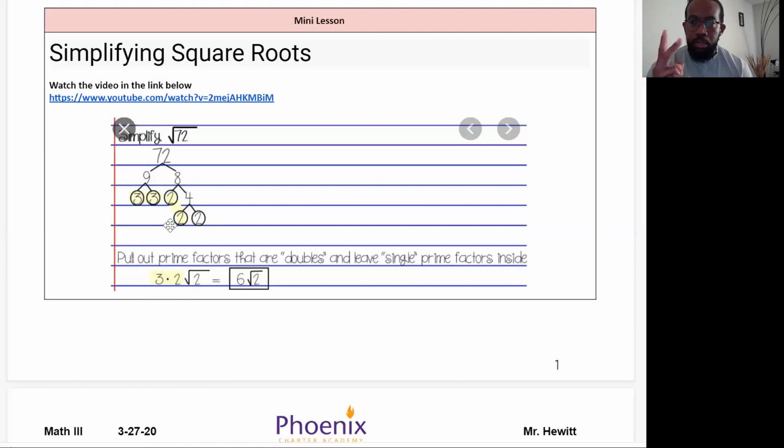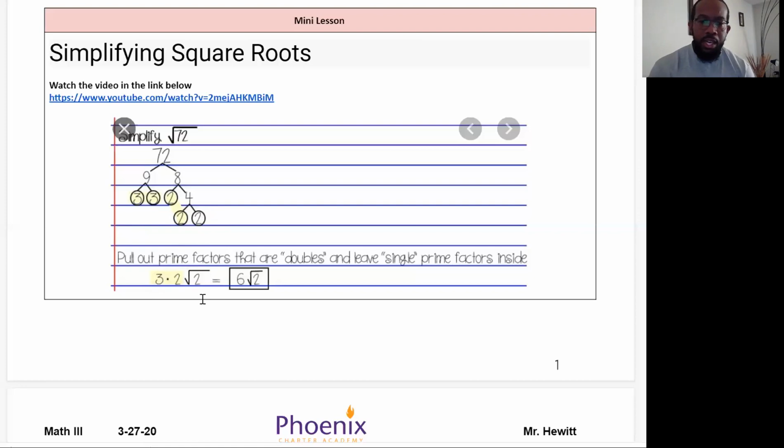And we call that a double, okay? And we're going to put the number 2 once, okay? So notice that we pulled out the doubles, but we only wrote the number once, okay? So we pulled out the 3s, and we just put 3 once. We pulled out two 2s, and we just put 2 once. And now we're left with just one 2 that doesn't have another 2 to make another pair.